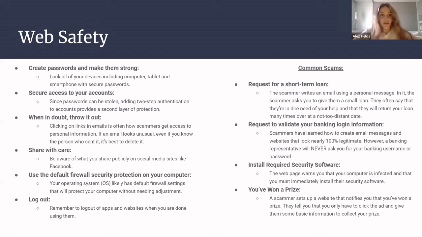And you also want to secure access to your account by adding a two-step authentication option. A lot of times Google and Yahoo and a lot of other websites will ask you if you would like to register your phone number, just in case somebody has your password.